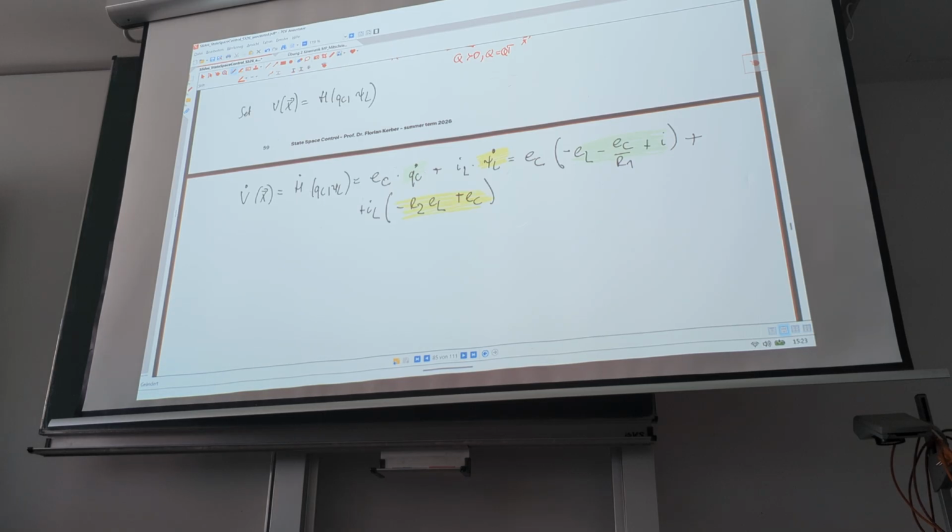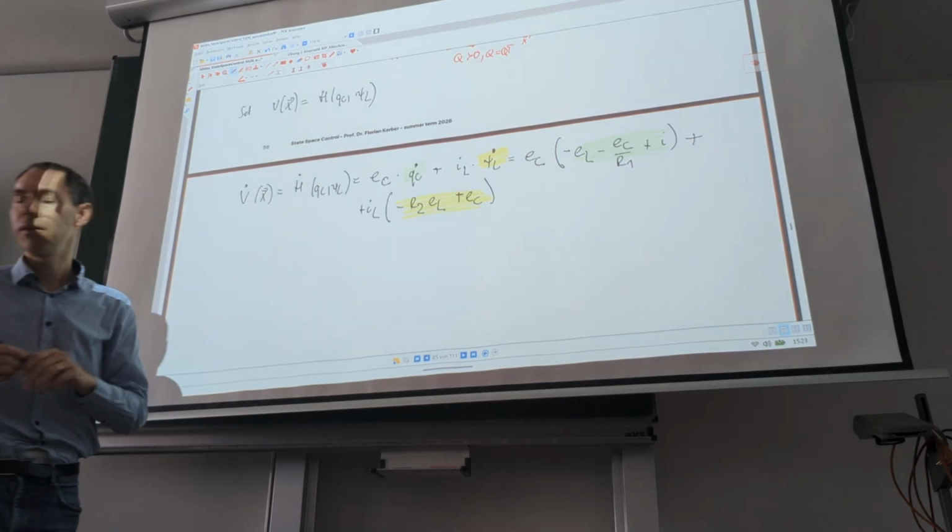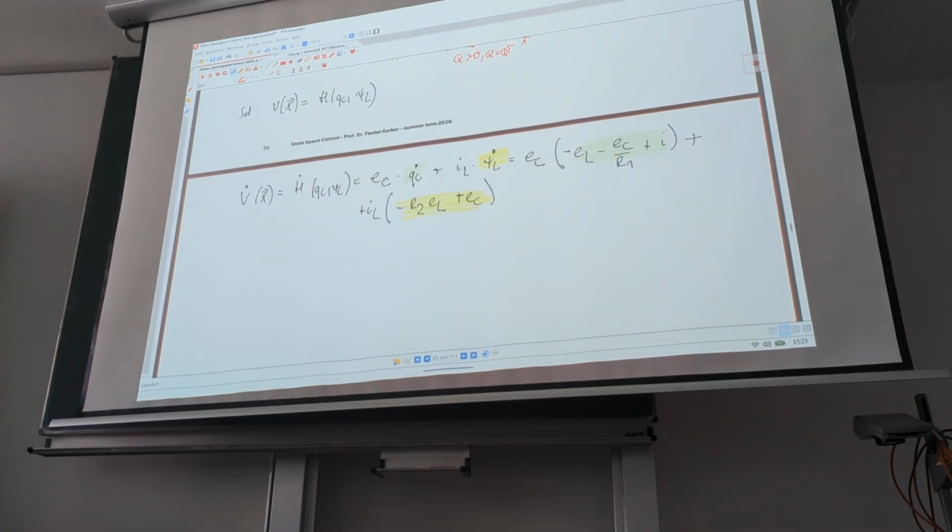Now if you look at this, what you can see is, I always used E C, but here I've used E L, okay, so this is E L, and therefore this and this cancel, right?